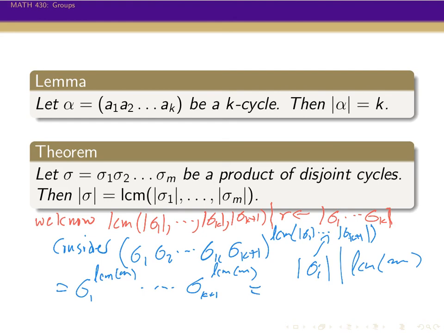And so in each of these, I'm applying an element to itself, some multiple of its order, and so this is just going to give me the identity times itself, k plus 1 times. And so we just get the identity out of this, and so this is telling me that our LCM divides r, and so since they divide each other, they are in fact equal. And that concludes the proof.